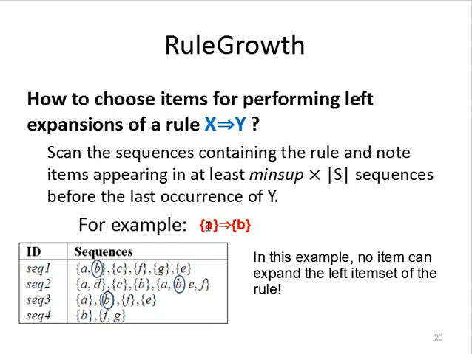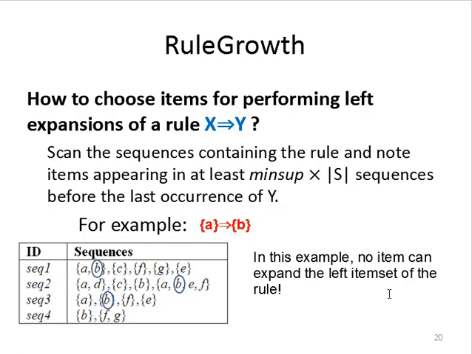So here for the rule A followed by B, before B in the first sequence we have nothing. In the second sequence we have C and D, but they appear only once. In the third sequence we only have A before B, so we cannot add anything.